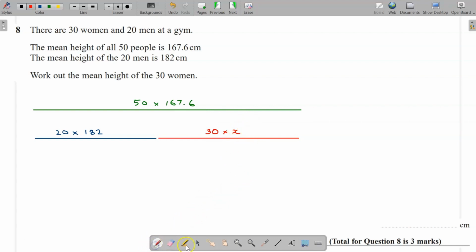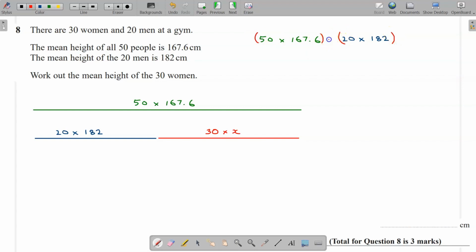So this is what we're actually going to do. We're going to take the total height of everyone added together, and subtract from that the height of all 20 of the men added together. So that's going to be a subtraction sign in between those two. Now we might want to put some brackets around it. We don't need to, but it might just make it a bit clearer.